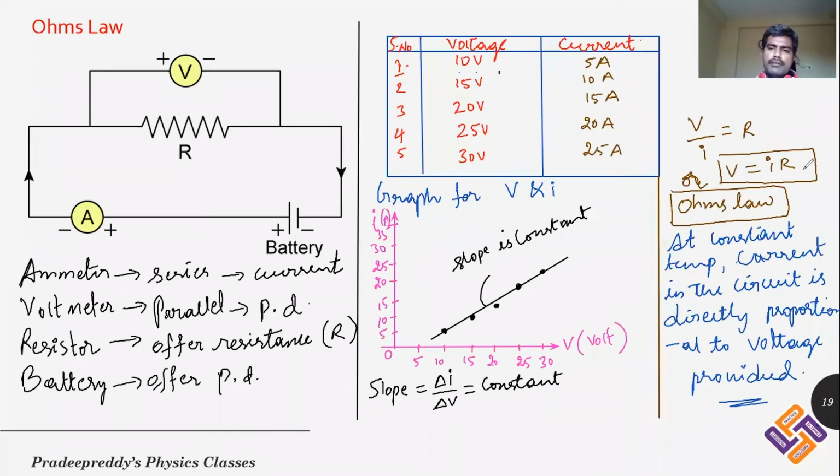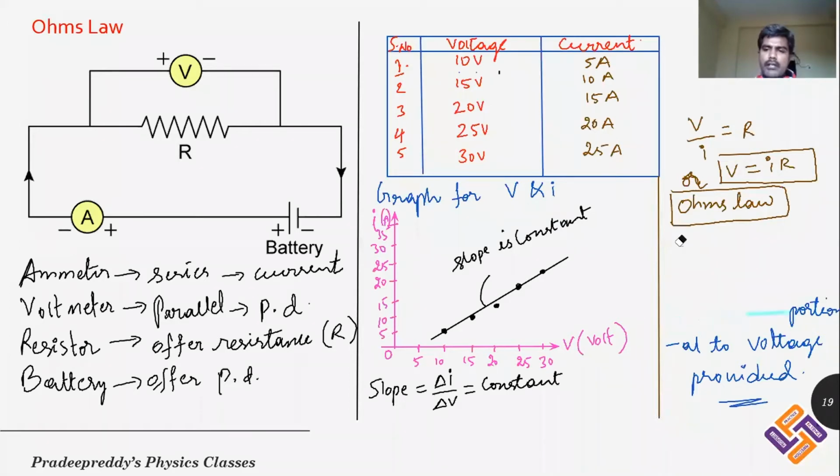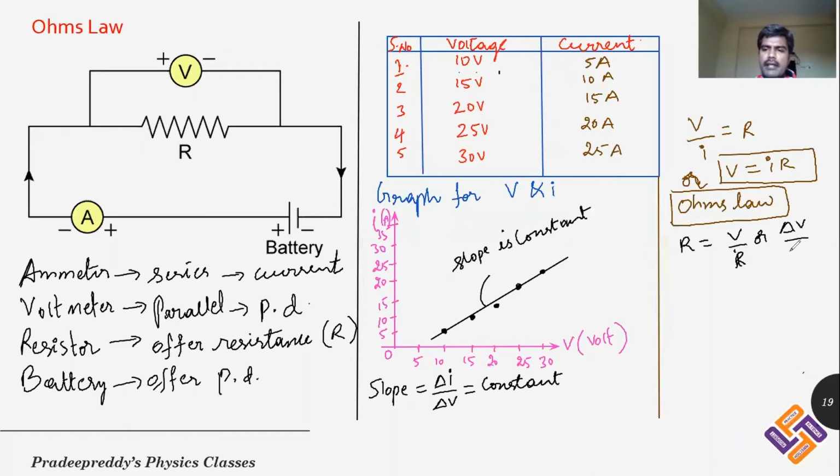Now if you observe from Ohm's law, V is equal to IR. We have got V is equal to IR, right? Now observe this carefully. If I want to find out the resistance, what I'll do? I'll be writing it as R is equal to V divided by I, or I'll write it as delta V divided by delta I, right?